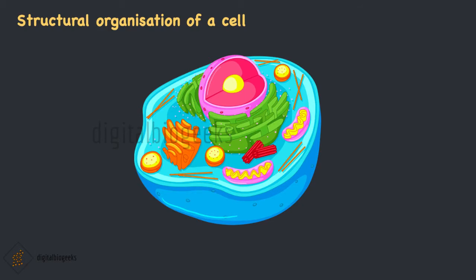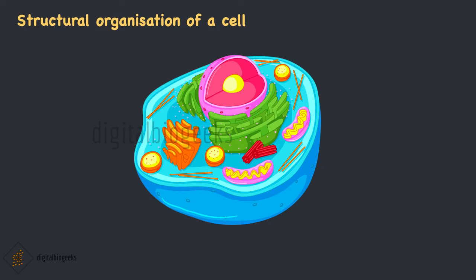All the cells, no matter what organisms they are in or what function they perform, have the same cell organelles in them. If we observe a cell under a microscope, we can see three features which are similar in all cells.